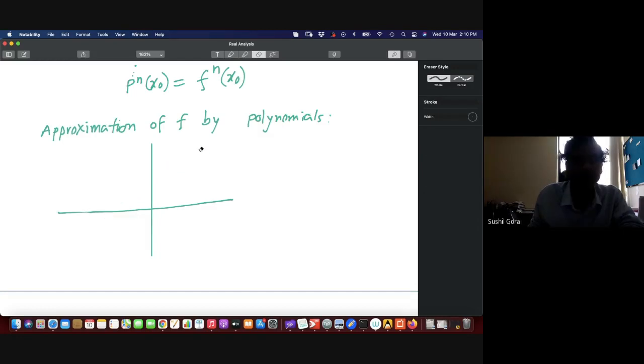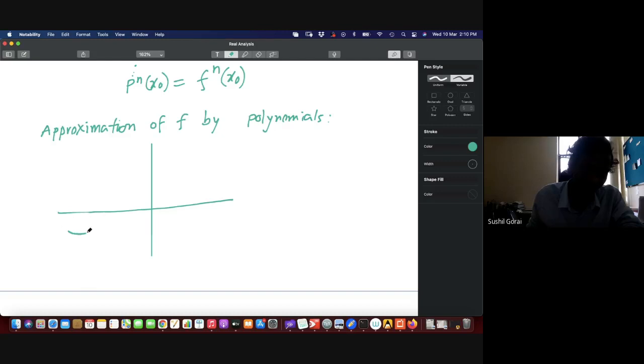It will not be straight, so let me erase and redraw. This is the graph of f. This is the x-axis, this is the y-axis, and this is the point 0.